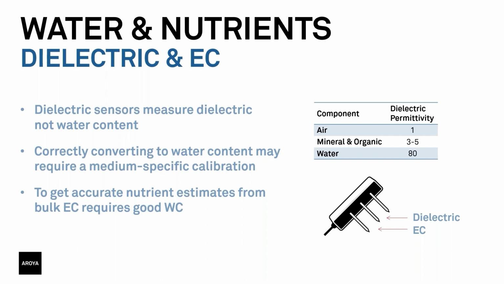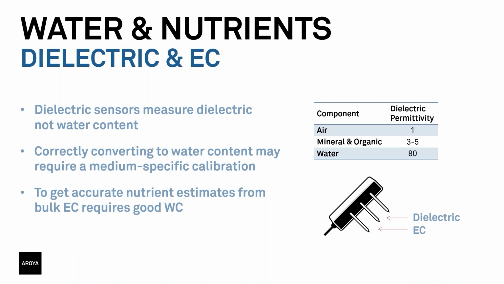And so correctly converting that signal to water content requires that we know the relationship between dielectric and water content for that specific medium. Meter has soil physicists on staff with extensive knowledge of how these sensors work and how to accurately determine water content from dielectric.